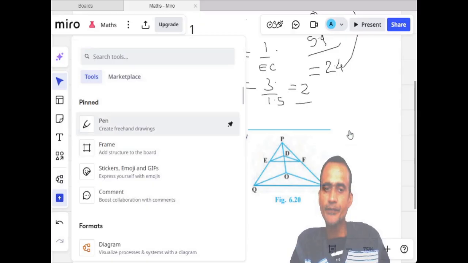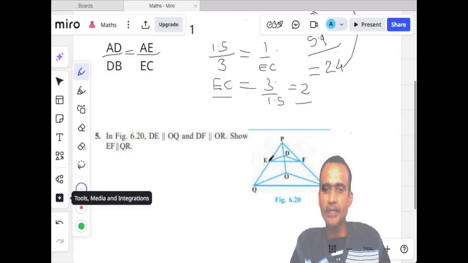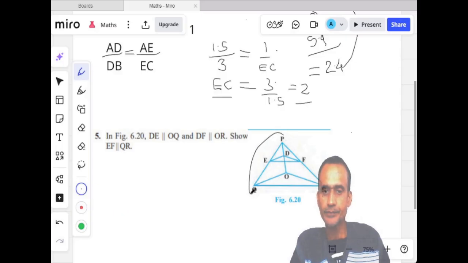So we are given that in this triangle PQO, DE is parallel to OQ, and in this triangle POR, DF is parallel to OR.